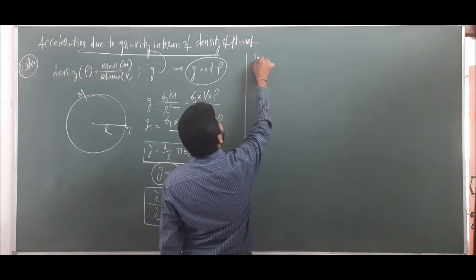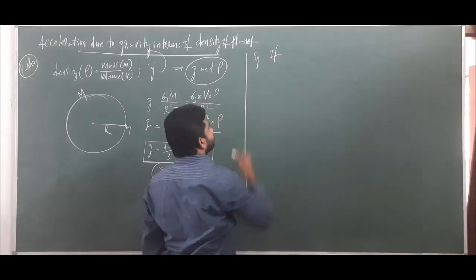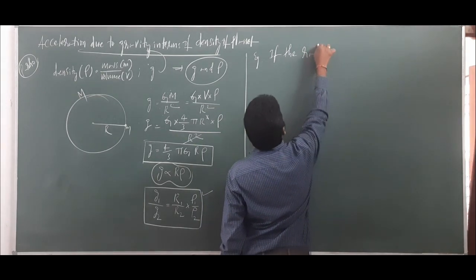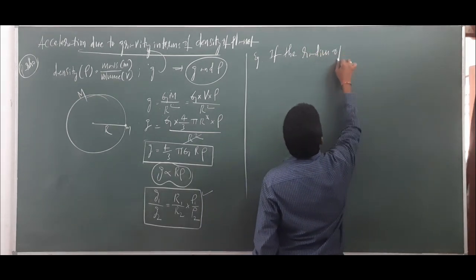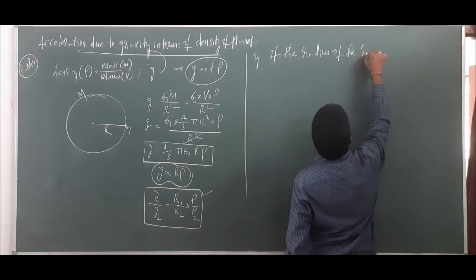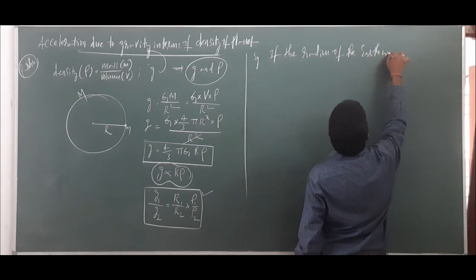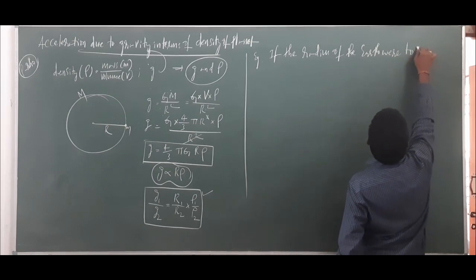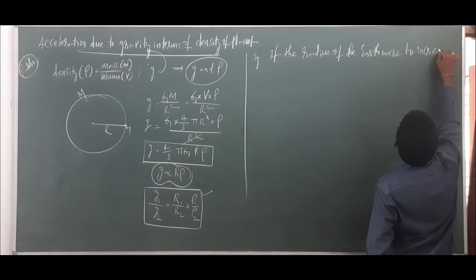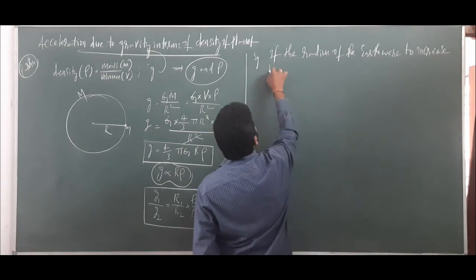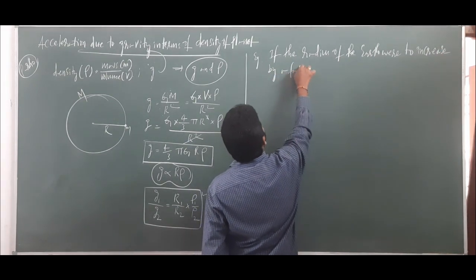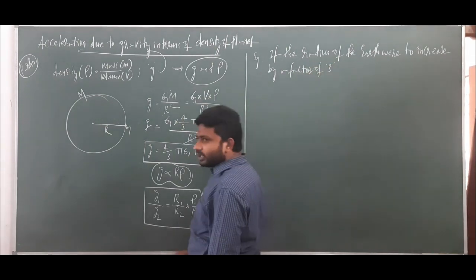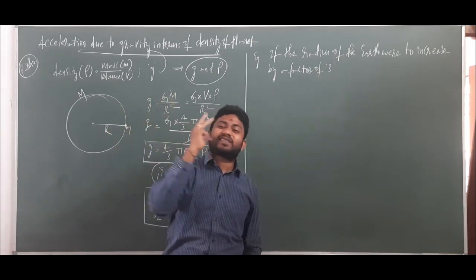The question is, if the radius of the earth were to increase by a factor of 3. Radius of the earth is increased by a factor 3.